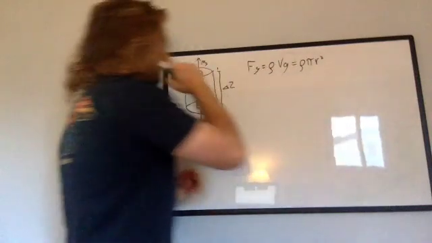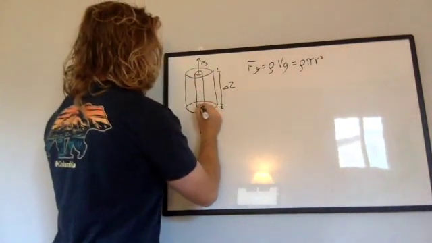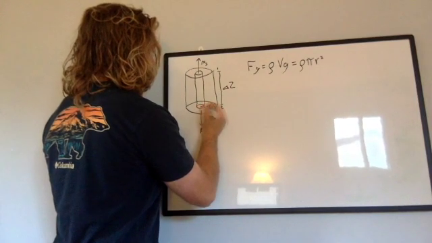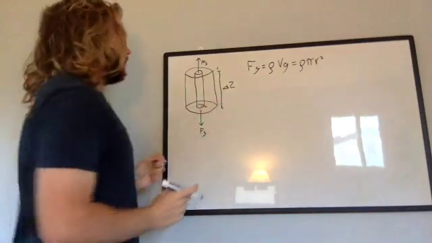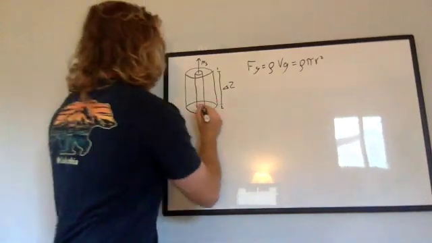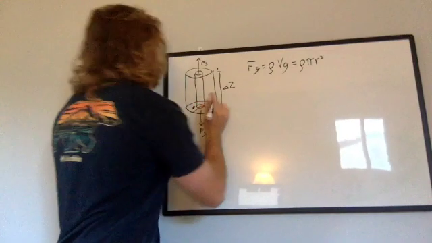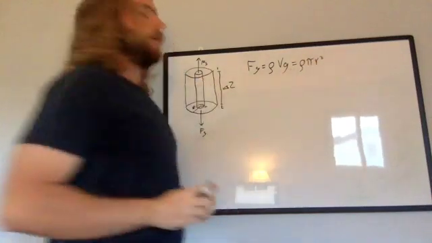This is going to be little r for now. We're going to say that little r is the radius of our inner cylinder, our control volume right here. And then we are going to use big R to represent the radius of the full pipe. So this is going to be little r squared right here.